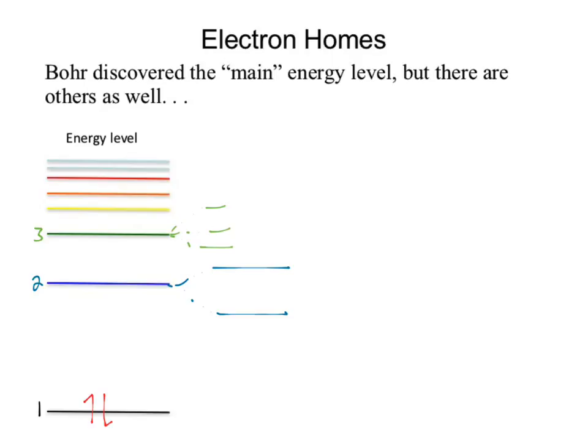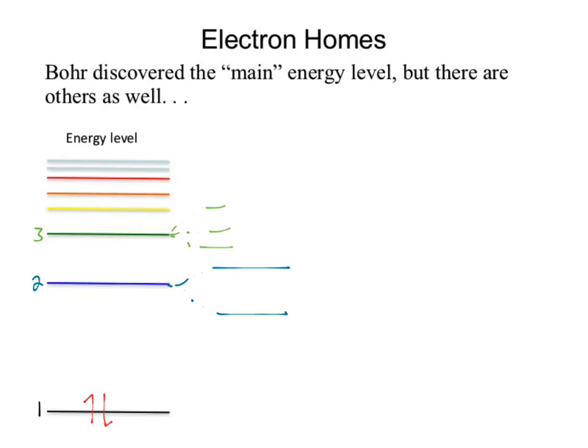If we propagated this all the way out and then tried to put electrons in, it still wouldn't be enough. Even if we split this all the way out, it still doesn't cover all 118 elements.